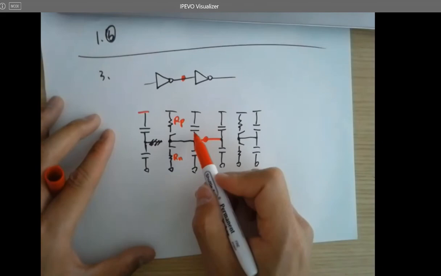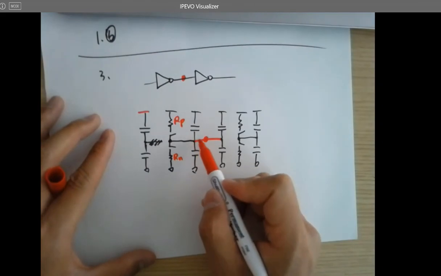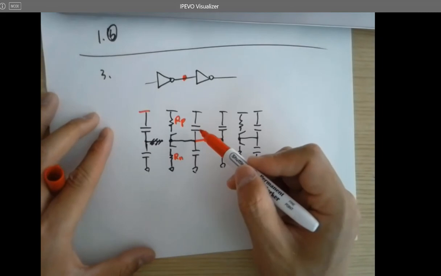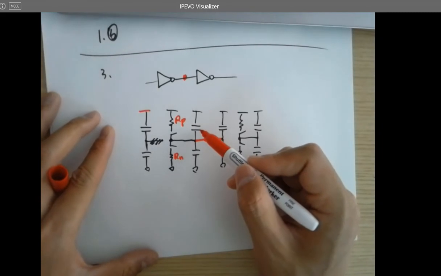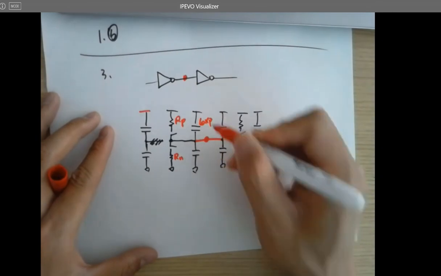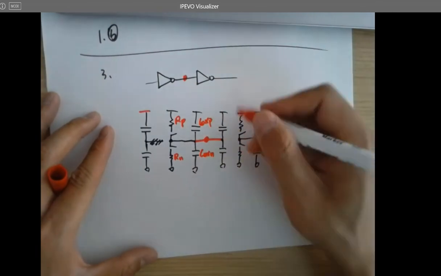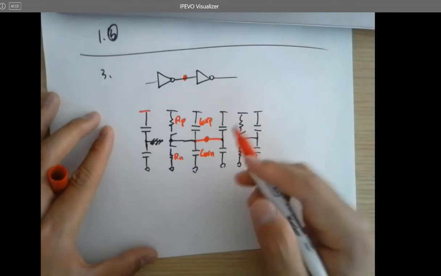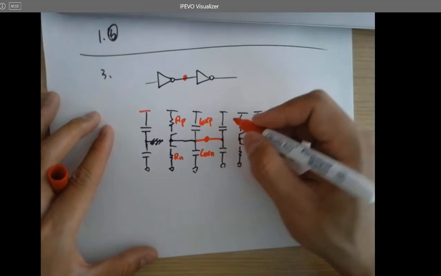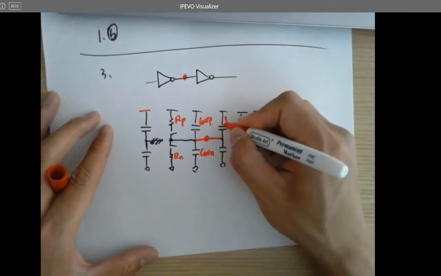So what's the capacitor here at the output of the first inverter? The COXP or 3/2 COXP? This one has the Miller effect. So it's going to be this.